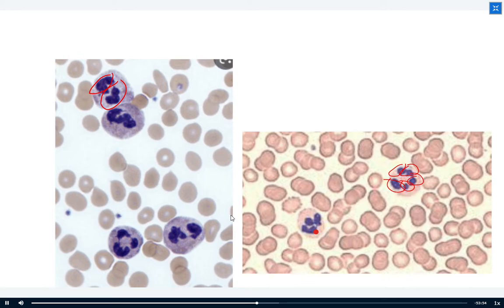So si Mr. Fahad magpapasaliva test. So that's the appearance of your polymorphonuclear cell.